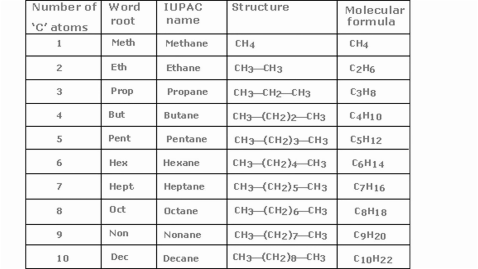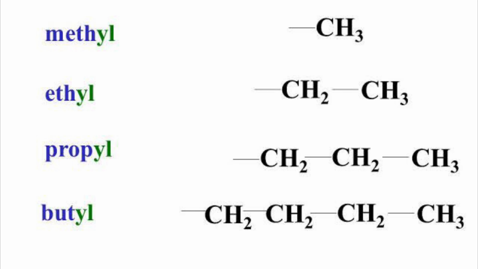For example, octane. Then if the number of carbon atoms is 9, then the word root is non. For example, nonane. Then if the number of carbon atoms is 10, then the word root is dec. For example, decane.